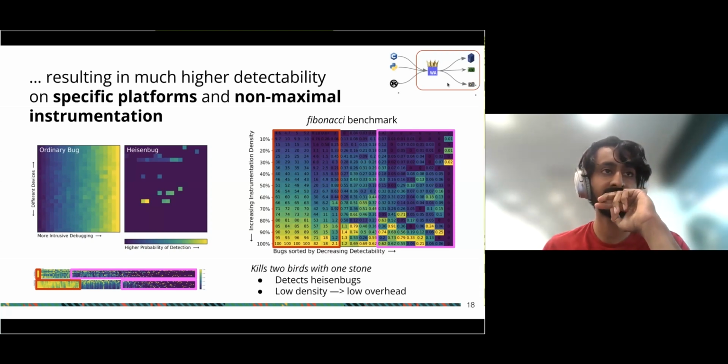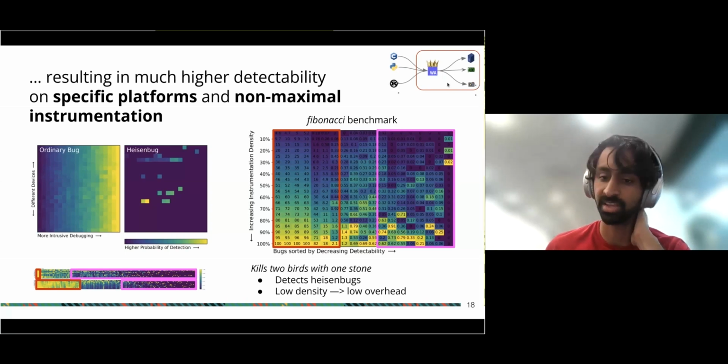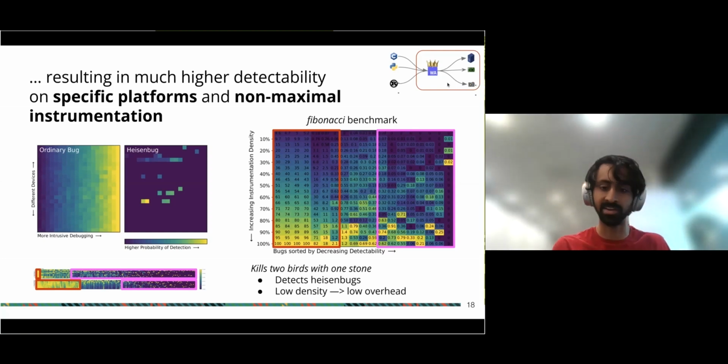This is a really powerful insight that most debuggers don't use today, because it kills two birds with one stone. One, you're able to detect Heisenbugs effectively, and you're able to detect them with a lower overhead than if you ran a maximally instrumented module. This gives you a lot of advantages in your debugger to be both more effective and lower overhead.